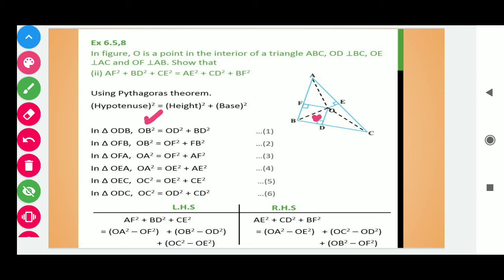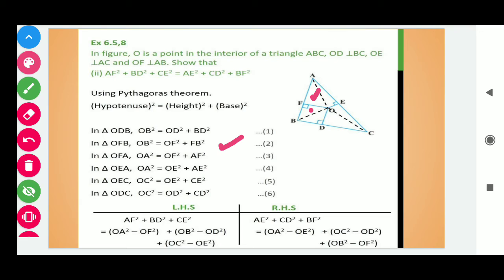OB is the hypotenuse and the rest of the two sides will be taken, one as perpendicular and second as the base. In triangle OFB, OB is the hypotenuse and OF square plus FB square are the perpendicular and base. Similarly, if we take triangle OFA, we have OA square as the hypotenuse and OF square plus AF square are the perpendicular and base.